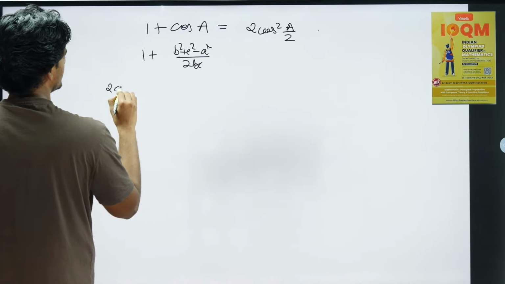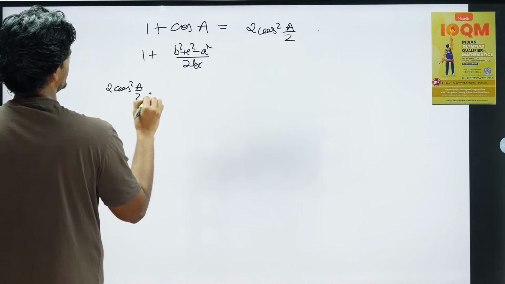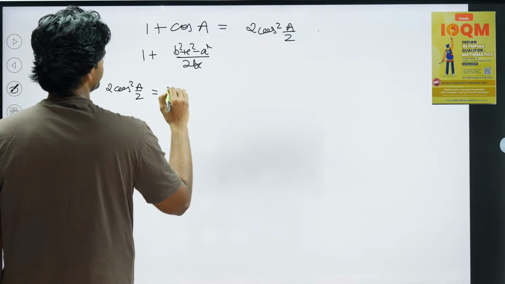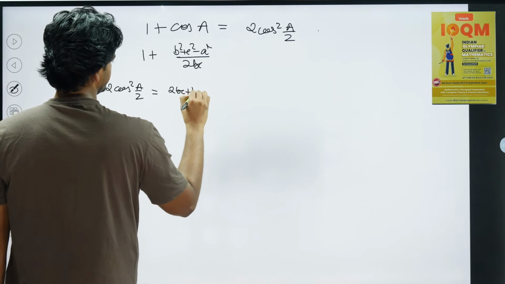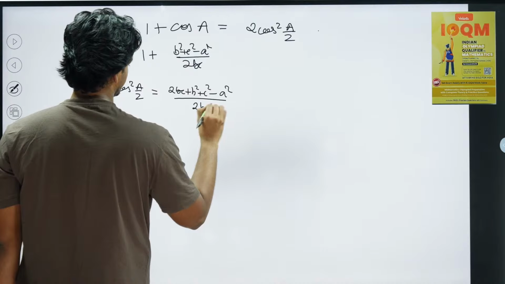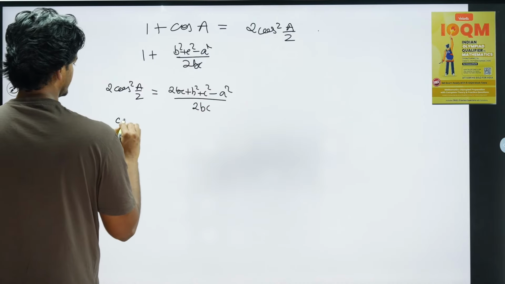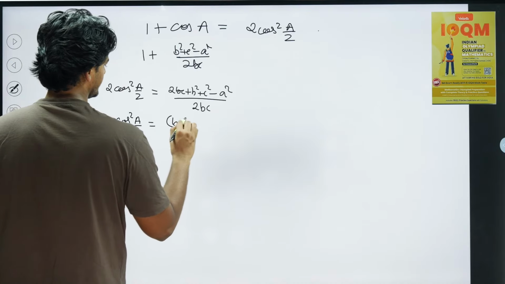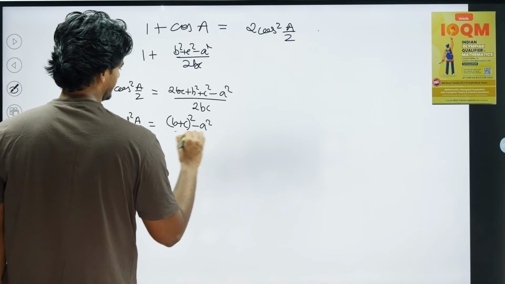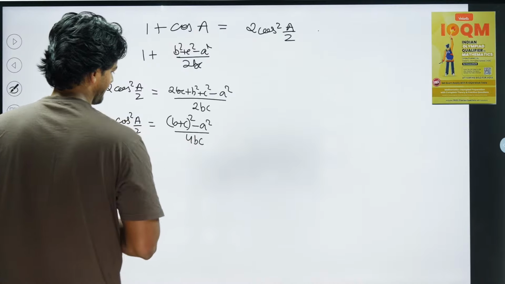So 2 cos square A by 2 is equal to 2BC plus B square plus C square minus A square by 2BC. So cos square A by 2 is equal to B plus C whole square minus A square by 4BC.